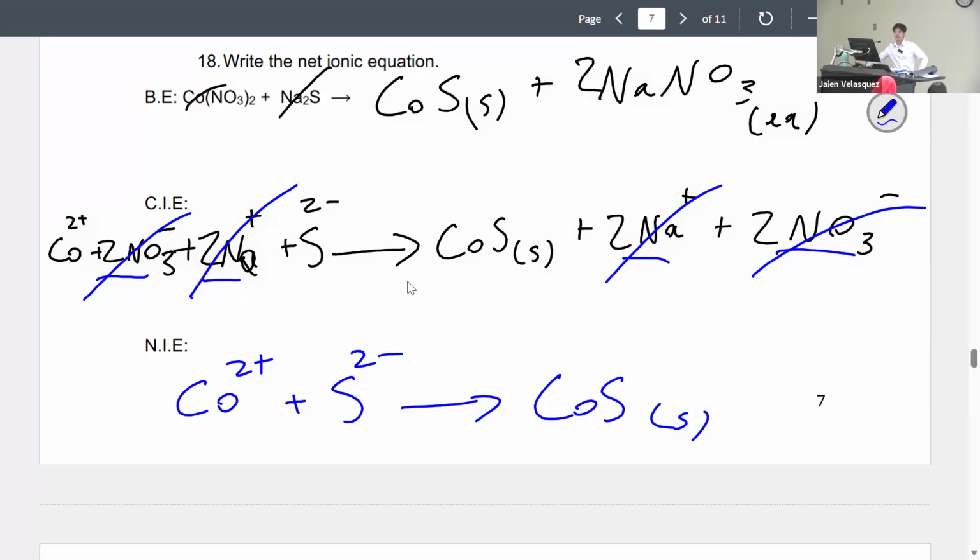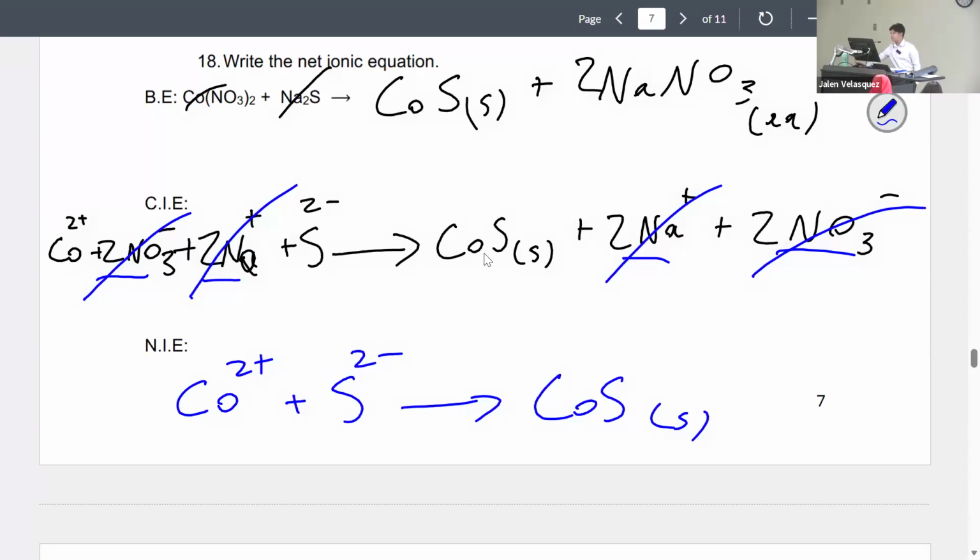If I'm a spectator at the game, am I contributing anything to the game in itself? Definitely not, right? I'm sitting down, eating a hot dog, having a beer, right? I'm not playing center field, making diving plays, right? So it's the same idea with the spectator ions, right? They're spectating, they're watching, they're not doing anything.